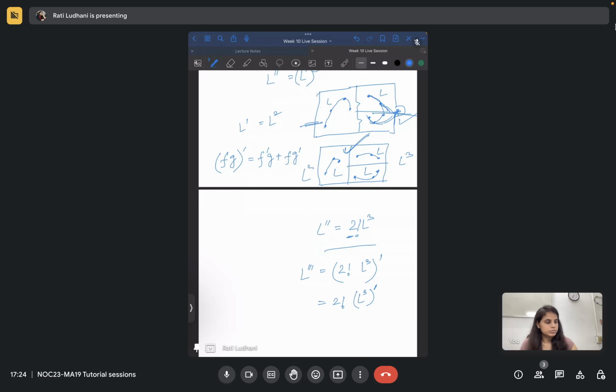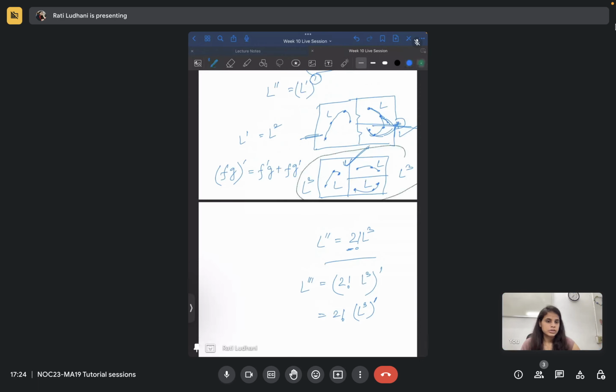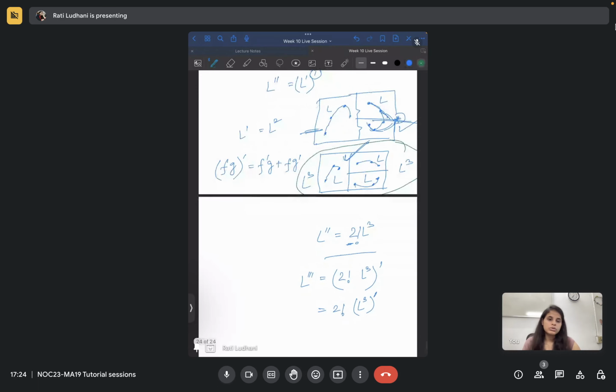In this L cube, the star can be added at any of the parts, either this or this or this, right? Yes, ma'am. So now you'll get three options. So L cube dash will be 3 times L raised to power 4.